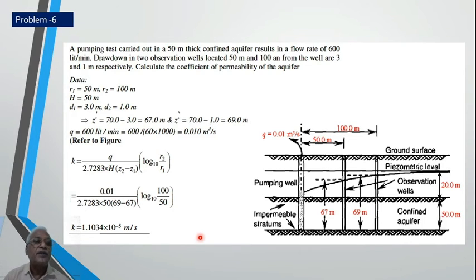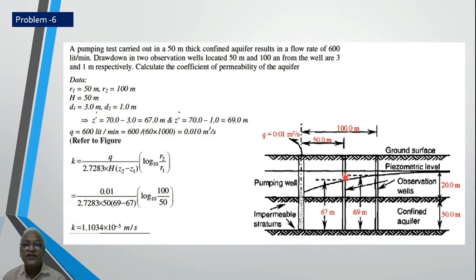Next, a pumping test carried out in a 50 meter thick confined aquifer, very clearly mentioned confined, results in a flow rate of 600 liters per minute. Drawdowns in two observation wells located 50 and 100 meters from the well are 3 meters and 1 meter respectively.